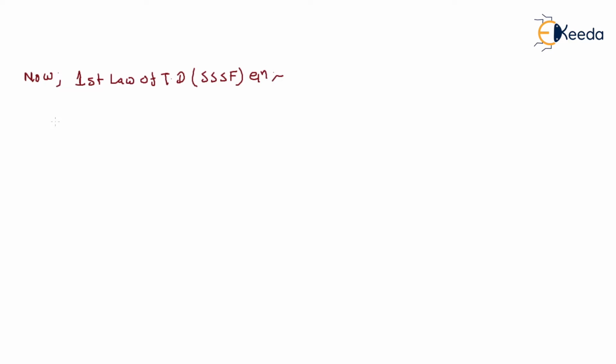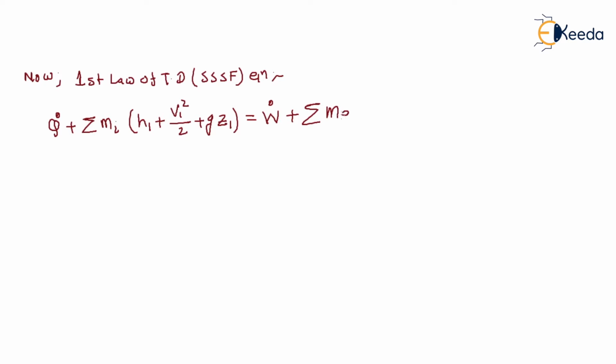Heat transfer in, plus the summation of all mass in times (h_i plus V_i squared by 2 plus g z_i), equals work plus the summation of all mass out times (h_e plus V_e squared by 2 plus g z_e), right?